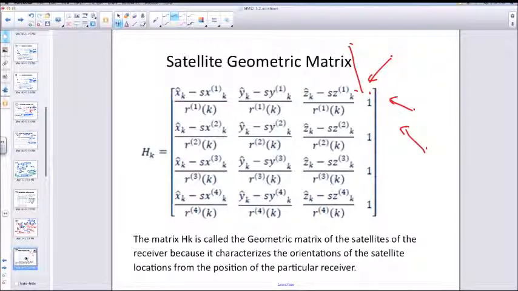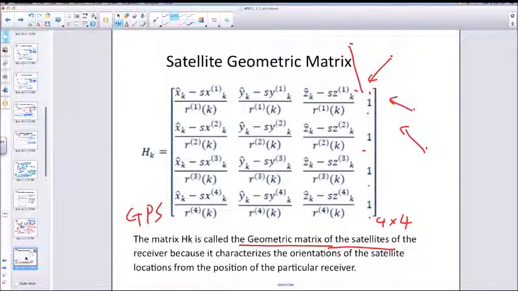So I will add another one tomorrow, next lesson. I'm going to talk about this one. It is related to the time drift. So put in another column. Then we get the 4x4 matrix. That matrix in GPS, we call it the geometric matrix of the satellites.